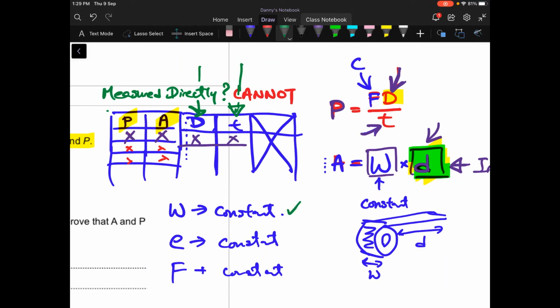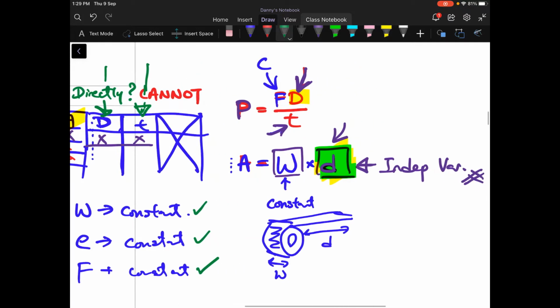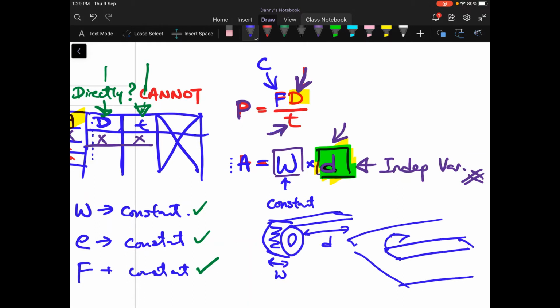So now in my mind, I already have a rough idea, right? I'm going to keep the width of the tape constant. I'm going to pull the tape such that the amount of extension on my spring is constant, which will lead my force constant, right? And what I'm going to change, I am going to stick the tape on the paper, and then I'm going to peel a certain distance out.